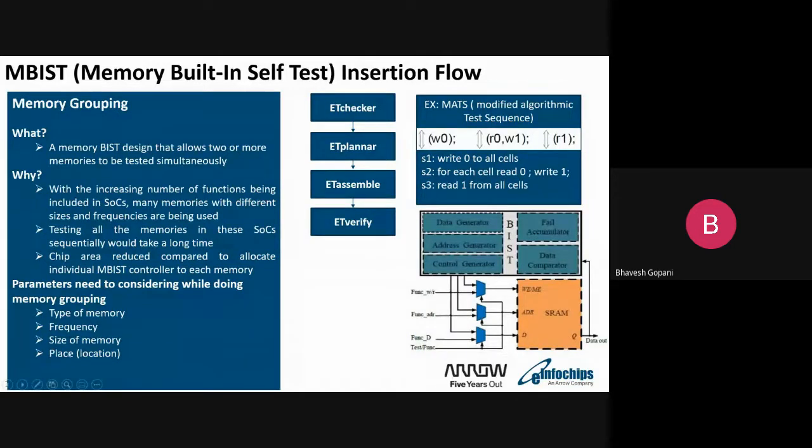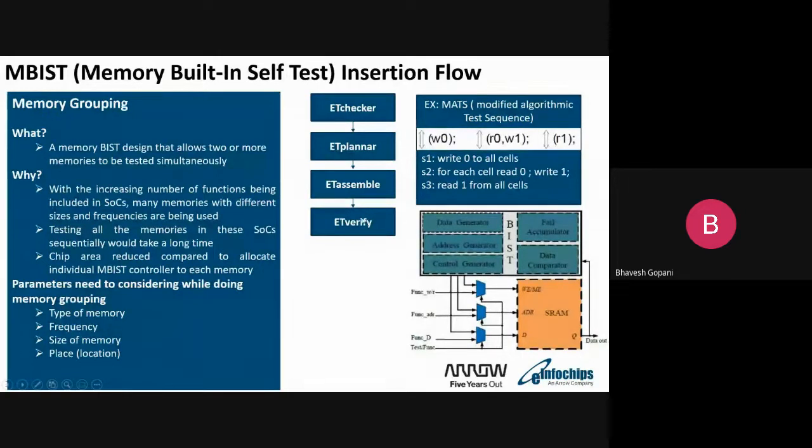We need to do that kind of analysis too. I can't use the same controller for the bottom right and top left memories, so I need a different controller for each.